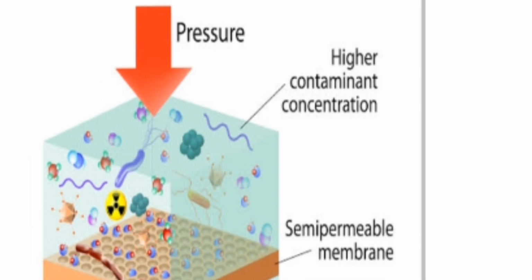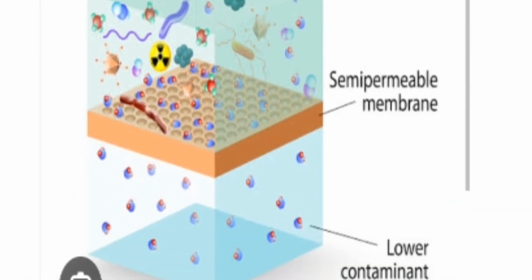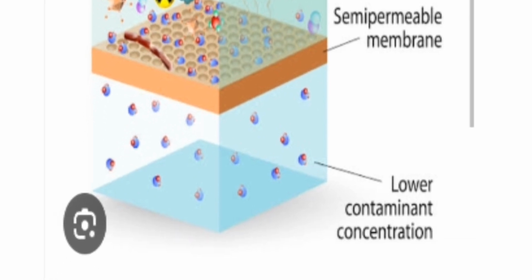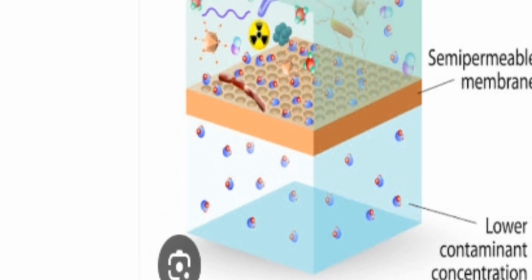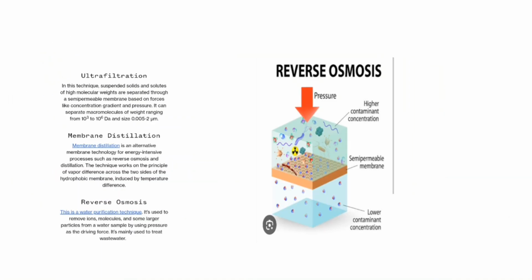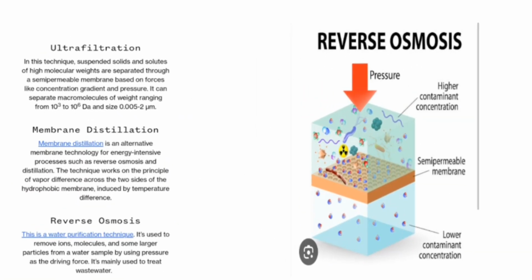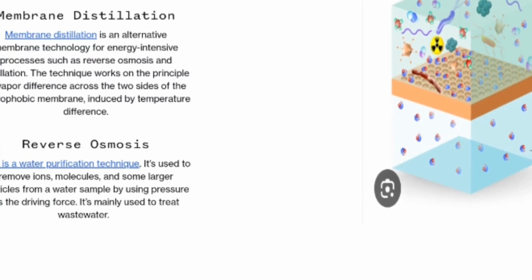See the pressure that is used to supply the water to push it through this membrane. As the water passes through this semi-permeable membrane, the contaminants are trapped and clean water will pass through the membrane, and that is what is called reverse osmosis. Very, very important. So what is the force used for purification in reverse osmosis? It is difference in pressure, the use of pressure to force contaminated water through a membrane, and the membrane traps the contaminant and allows only the clean water to pass.